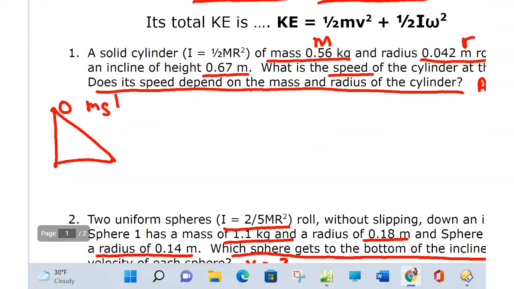It has mgh. And at the bottom, you've just learned that it has two kinds of KE. It's got KE rotational, and it's got KE translational. It's moving from one place to another. So remember that. We know that the total energy at the top, which is just mgh, equals the total energy at the bottom, which is the rotational kinetic energy and the translational.